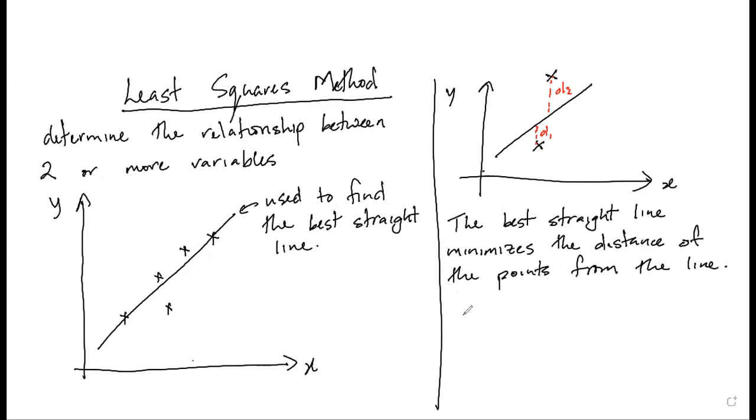Now, here is the thing. Let's just pick one point off the line. So this point is x1, y1, for example, and it's a vertical distance d1 from the line.